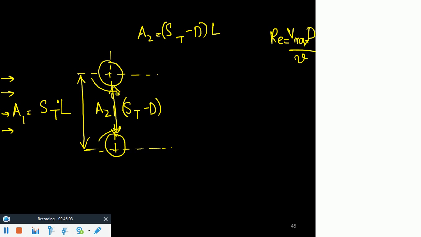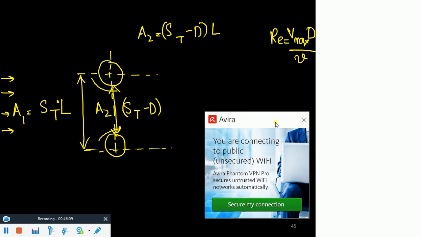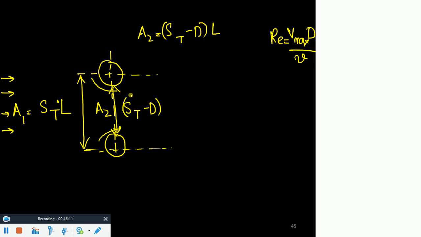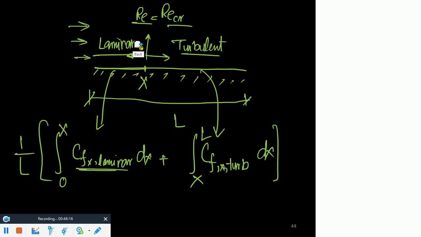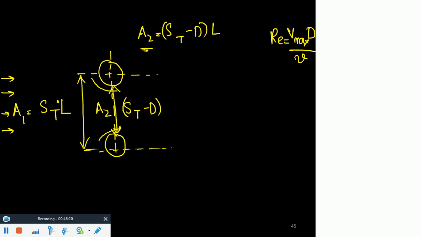So the minimum area is right in the middle of these tubes. That means maximum velocity would occur at this second section, area 2.